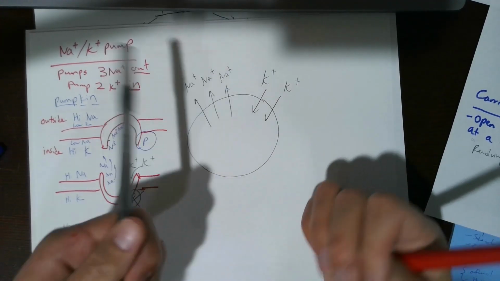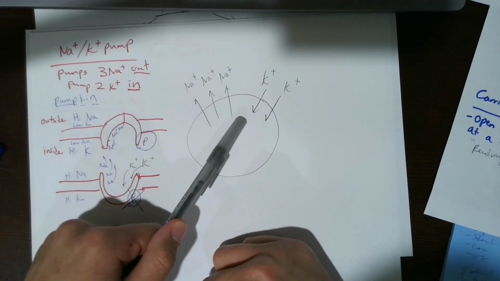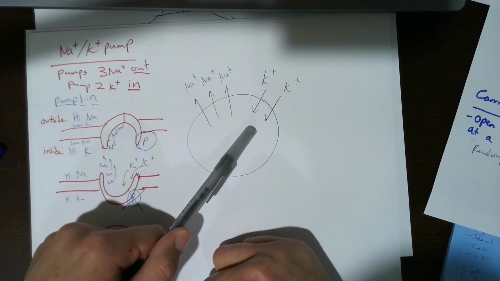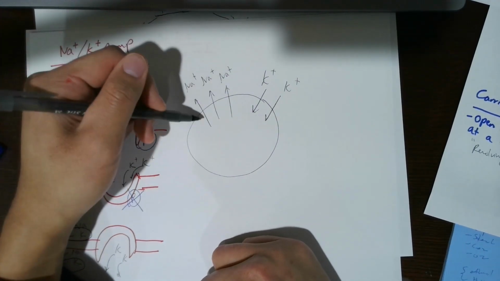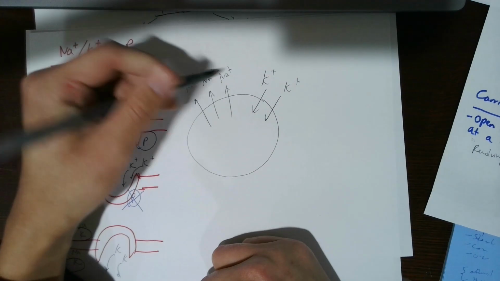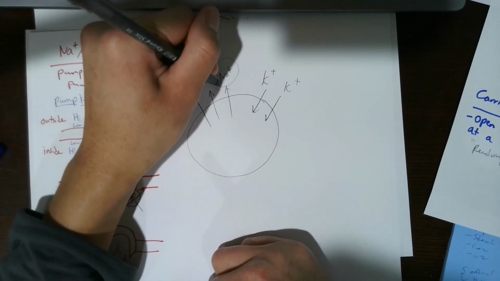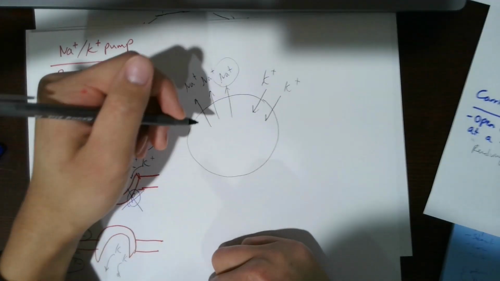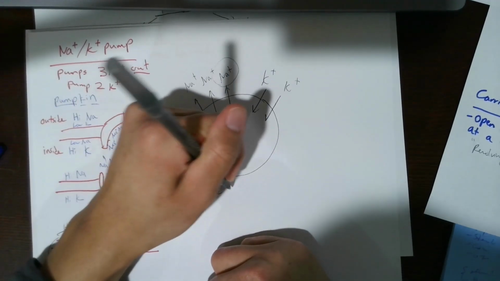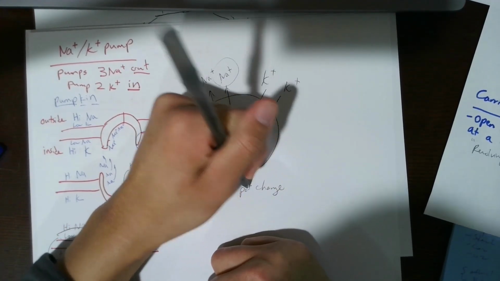But do you notice how we're kicking out 3 positive charges and only bringing in 2 positive charges in place? That means that, if we just go by logic, if we're losing 3 positives and only getting back 2 positives, we're losing a positive charge, right? So every time this pump runs, we lose 1 positive charge from the cell.